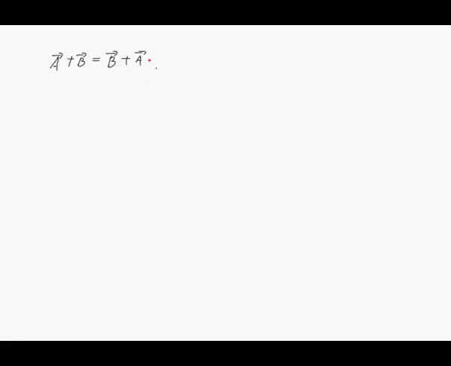And similarly, when we do the dot multiplication for two vectors, this dot multiplication is also commutative. So you can switch B and A to get the same product. Okay, so the order does not matter.